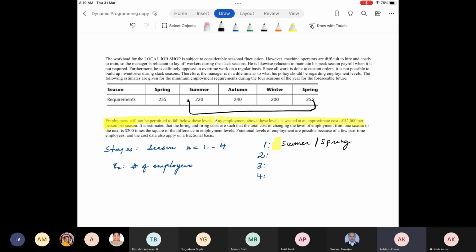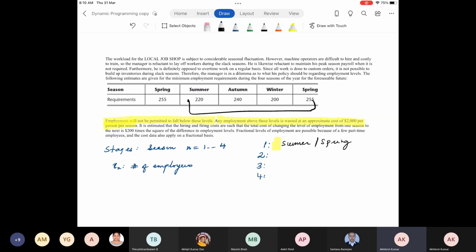So a simple question I'm asking, what should be the employment level in spring? To maintain ideally at 255.